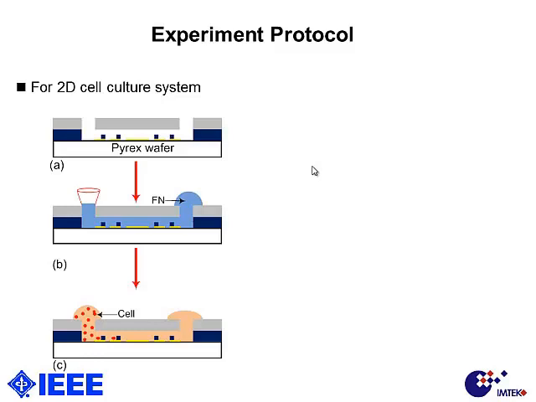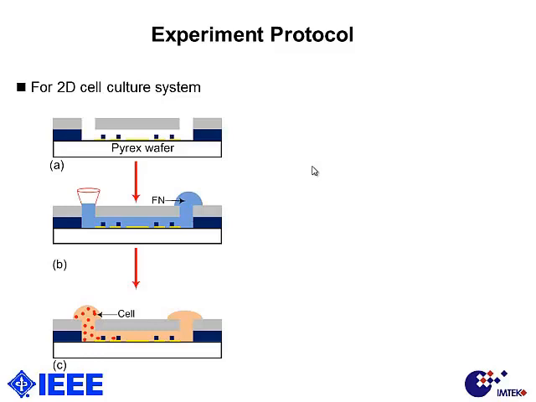So we modify the gold surface by self-assembled monolayer first, and after that inject fibronectin inside. We need to inject fibronectin only one time, and after that we put one drop of cell suspension in medium here, the flow comes in, and the single cell will be trapped here.